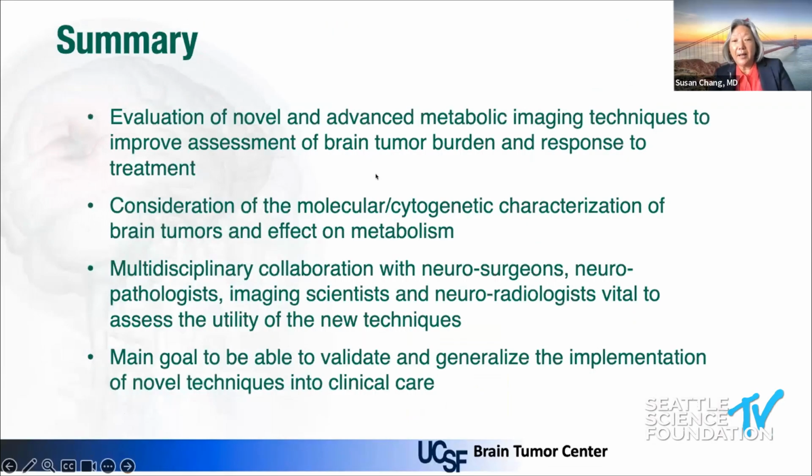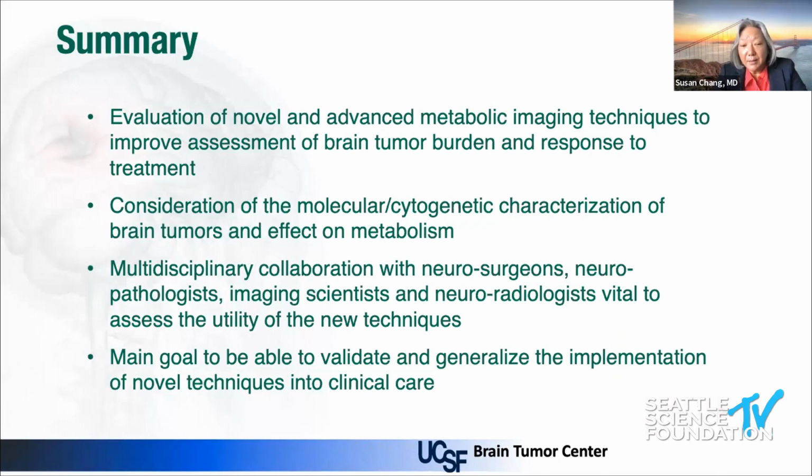So in summary, I just wanted to highlight some of the novel and advanced metabolic imaging techniques that we're doing at UCSF to improve assessment of brain tumor burden, as well as response to treatment. We take into consideration our knowledge of the molecular and cytogenetic characterization of brain tumors and the effects of metabolism to be able to understand what are the best probes and how best to deploy this.